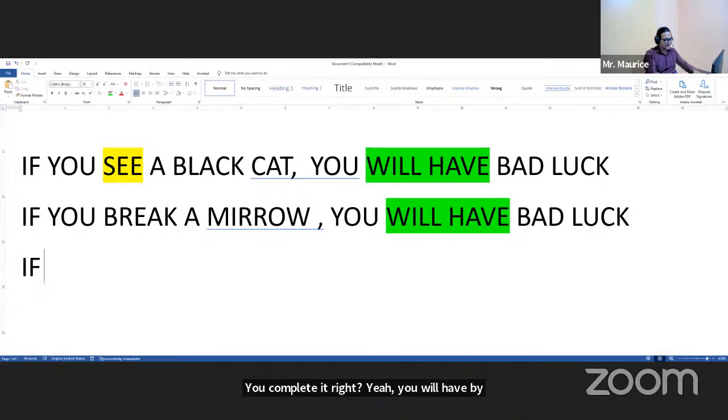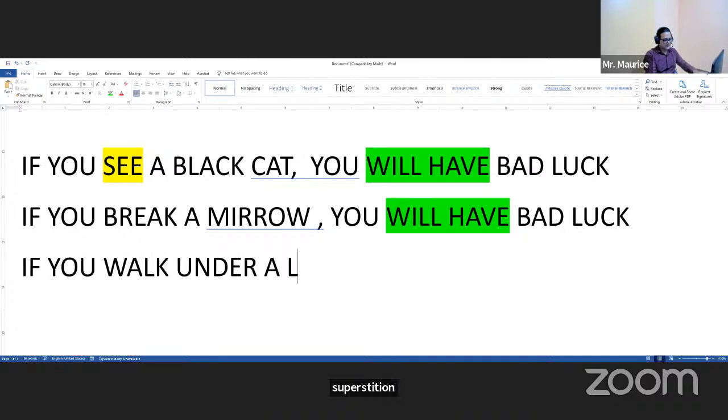Next superstition. What is the consequence? Can anyone help me about this action?